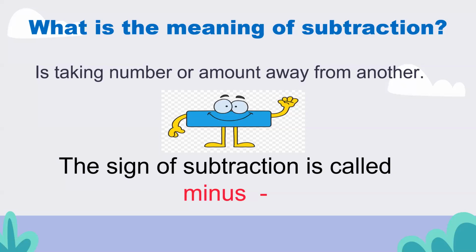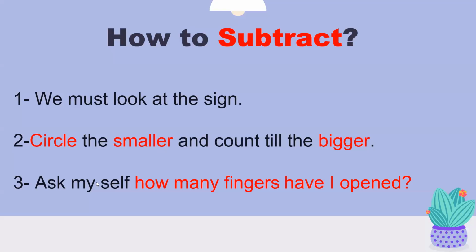How can we subtract? First, we must look at the sign to know if it's plus or minus. Second, circle the smaller number and count to reach the biggest number.